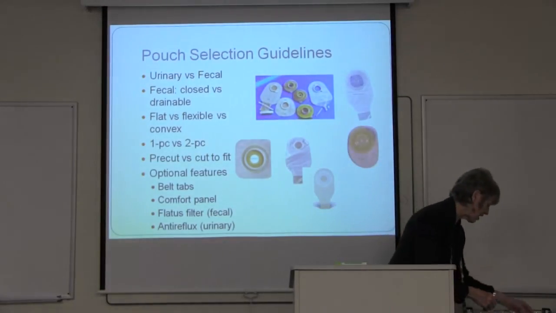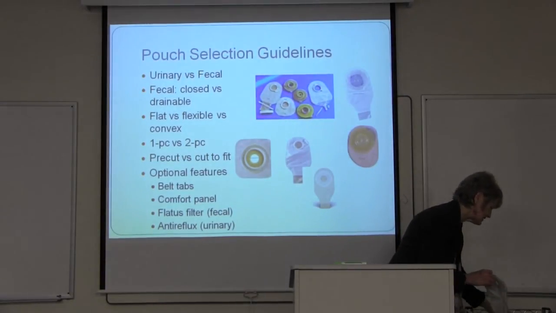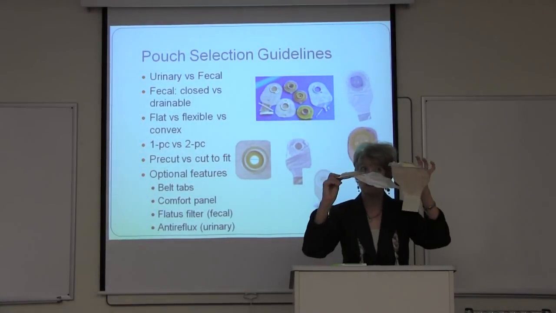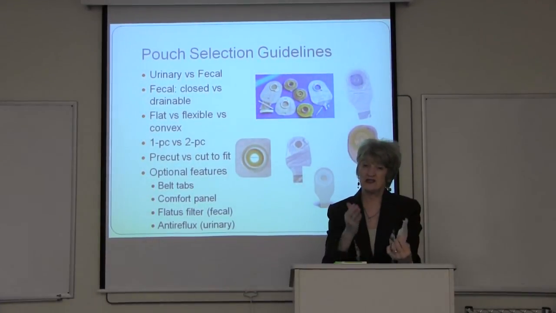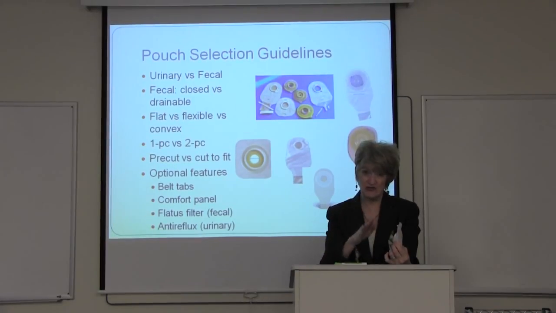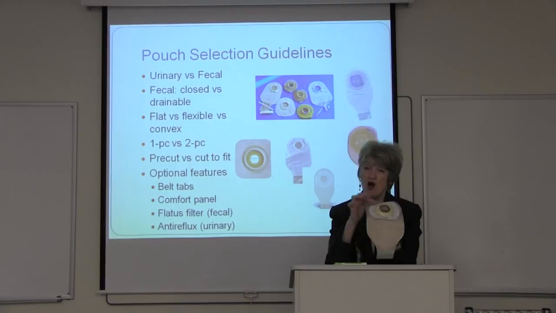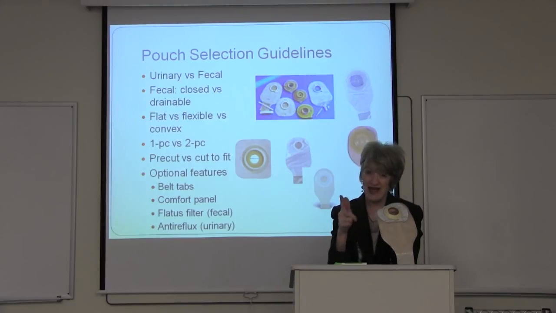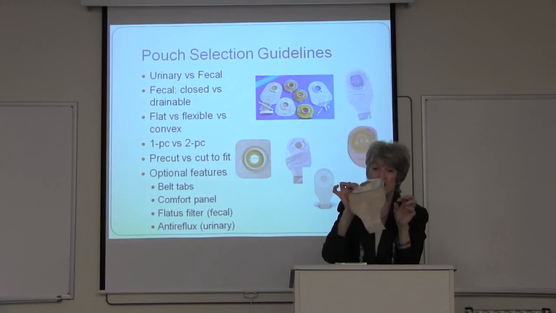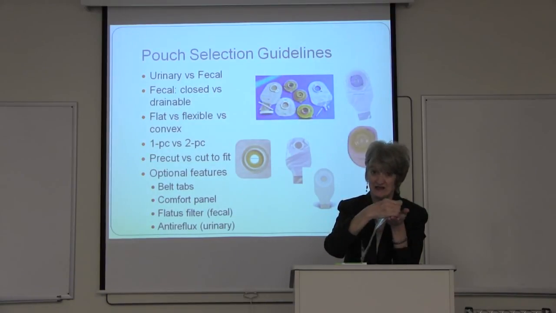And then the third option is your convex system. And you're going to think about using convexity when you have a stoma that is skin level or has retracted down into a valley. Basically, we're always trying to pick a pouch that matches the abdominal contours. So if the abdominal contours cave in, then we want a convex system to fit that defect.